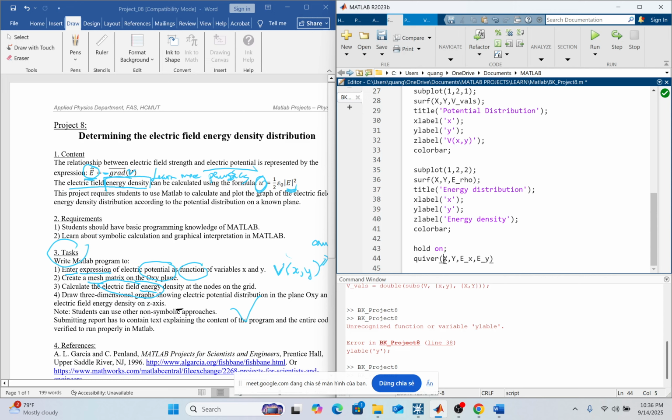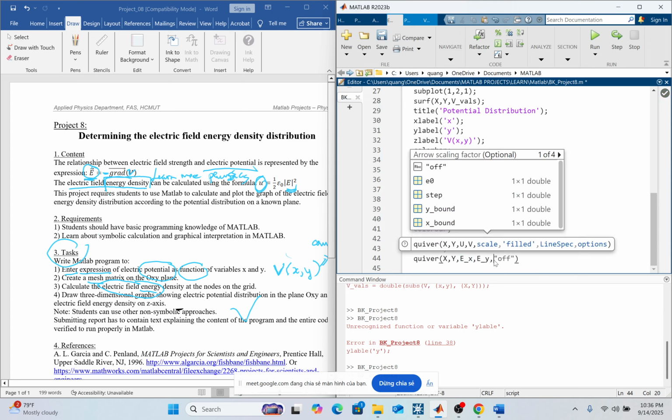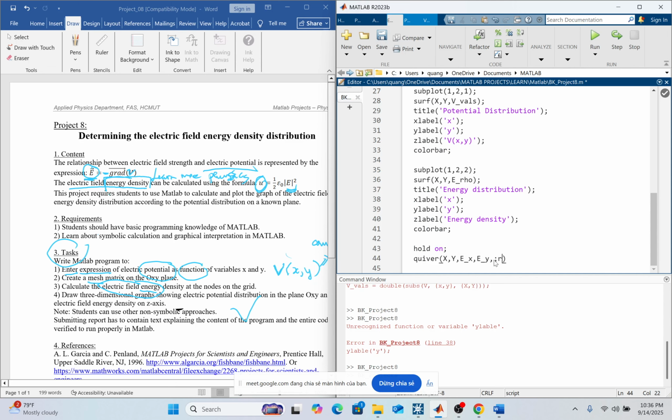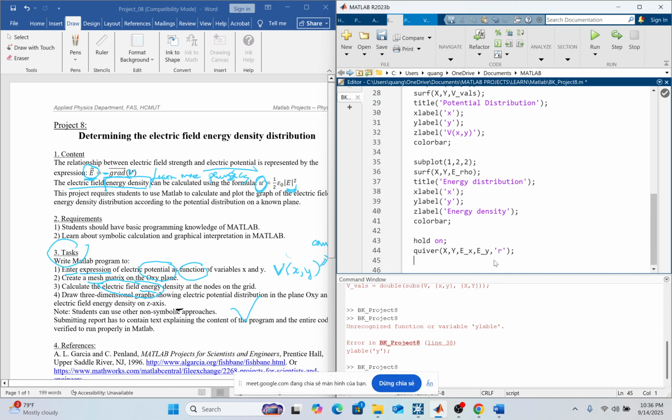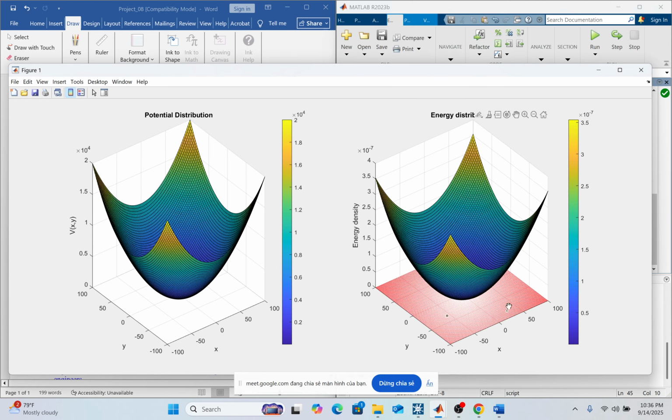We will have to input the origin, the xy coordinates of the arrow, and we will input where the tip of the arrow will land, ex and ey. Okay, and we will draw the arrow in the red color, and we will say hold off.